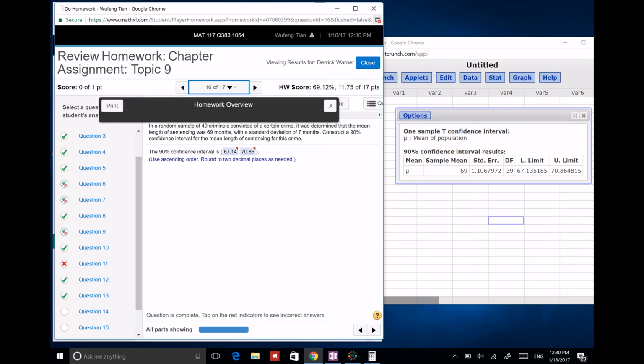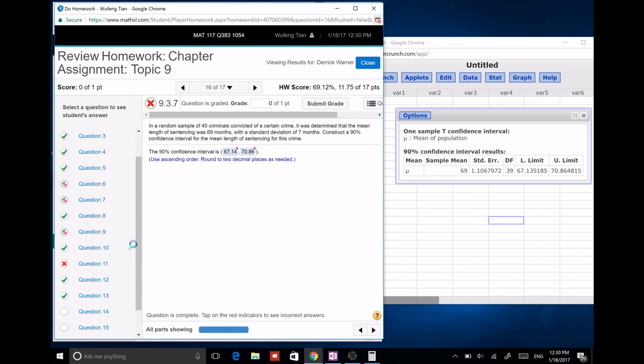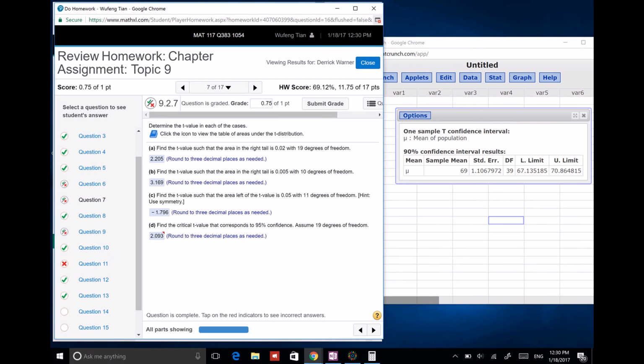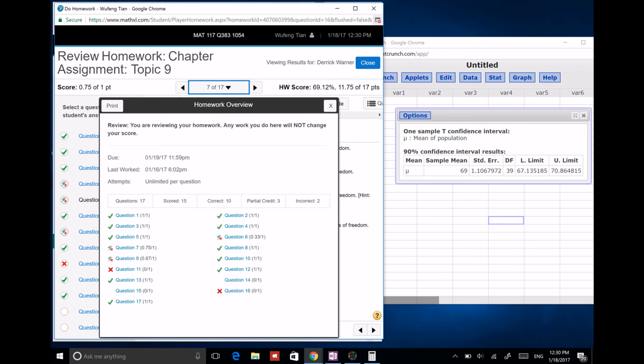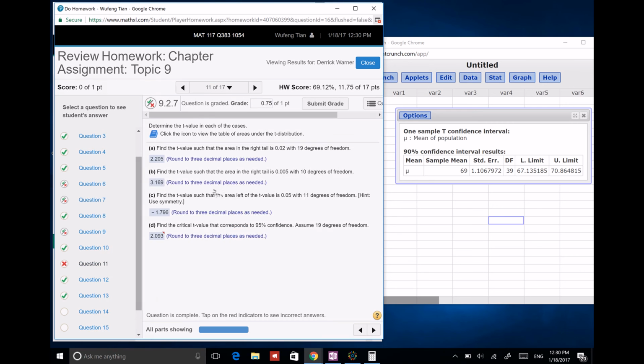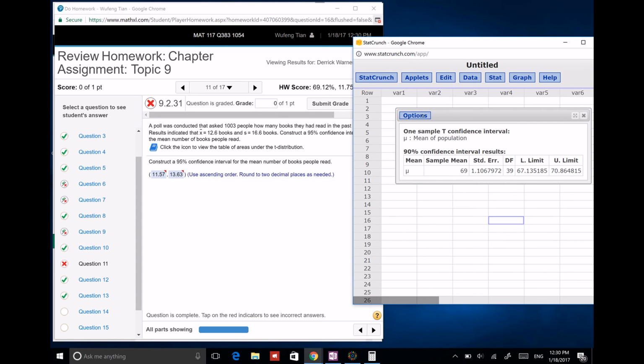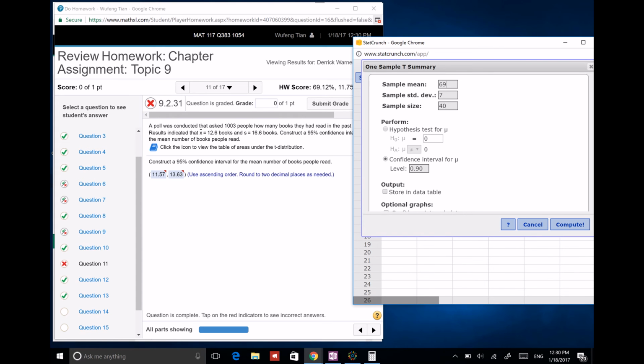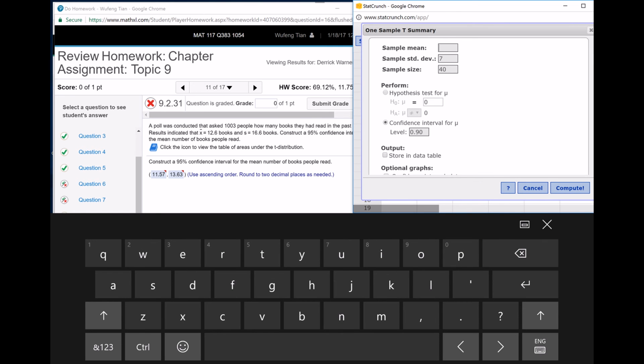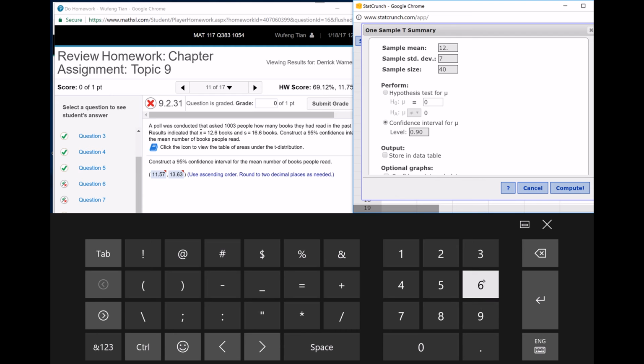Okay, I'll show you several others. For example, question 11. You got this one, a poll is rated at x bar and s. It's the same idea. You just type in the values. Sample mean is 12.6.